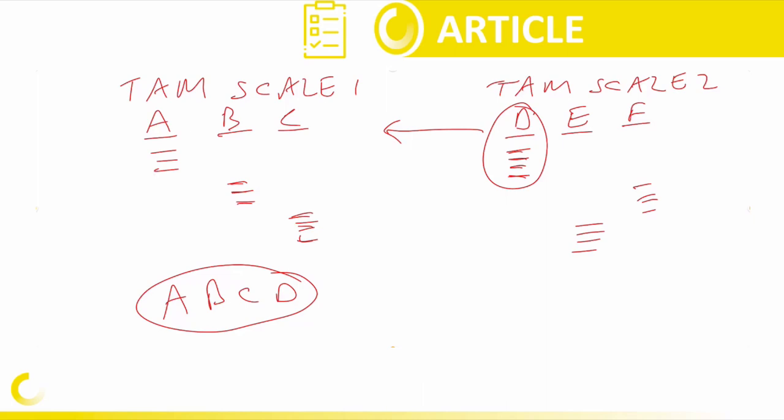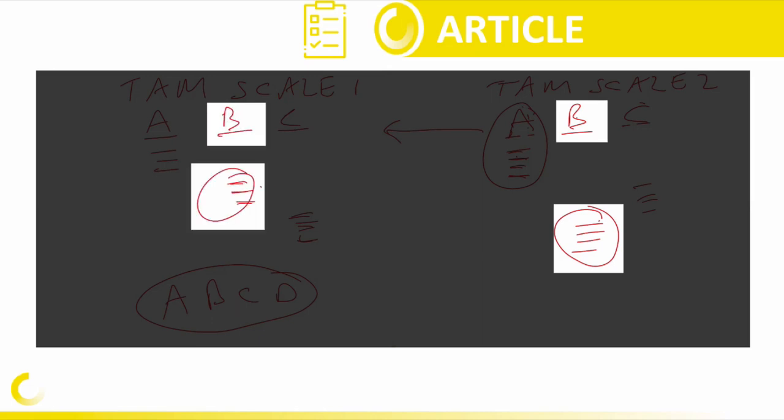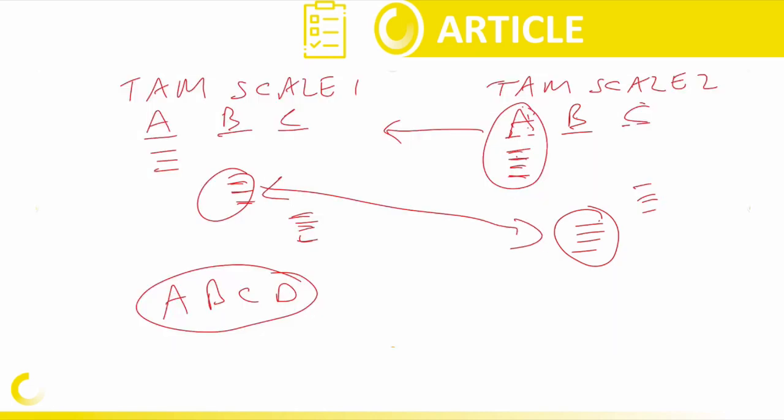Say this construct was also A, B and C, but now you have 4 items here, 4 items here, 4 items here. There's only 3 items. You cannot mix this B and this B here. You cannot mix these 2 and combine them and use B as validated in your questionnaire.